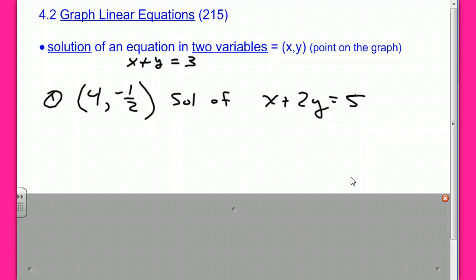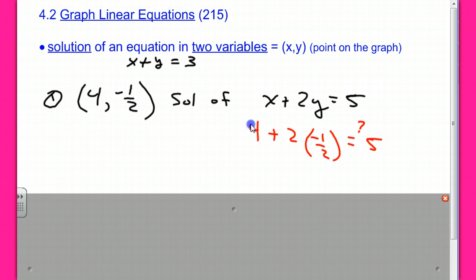So how does a person find out whether it is or isn't? How can you find out, Bianca? You could test it. And how do you test things? How do you test points? You plug them in. Good, plug it in, right? So she's going to take the x and put it in 4 plus, and put the y in, 2 times -½ and say, does this equal 5?